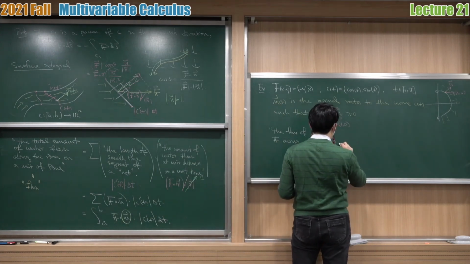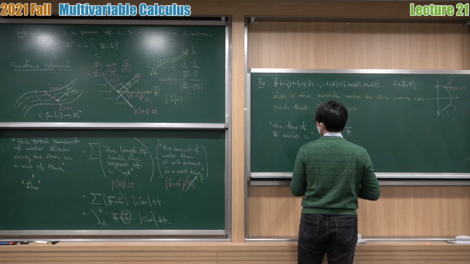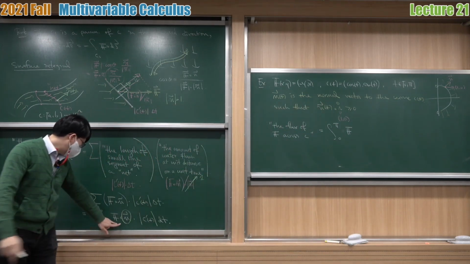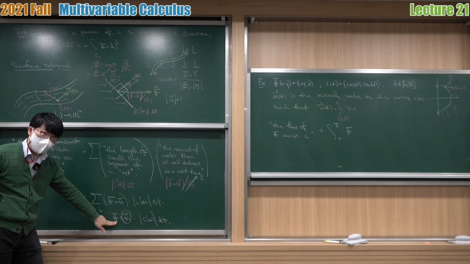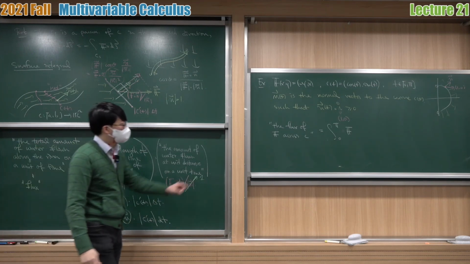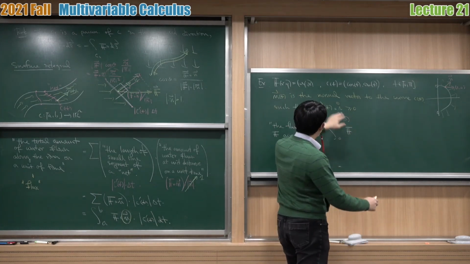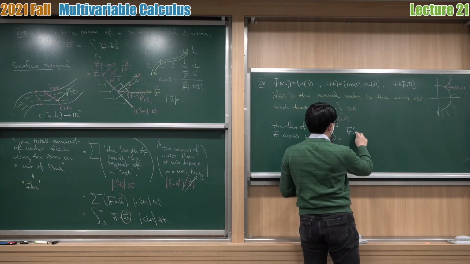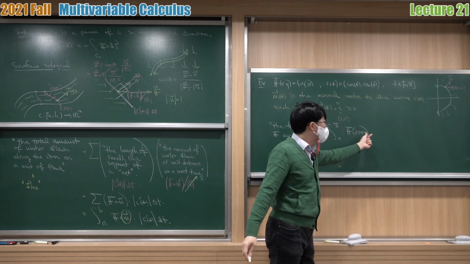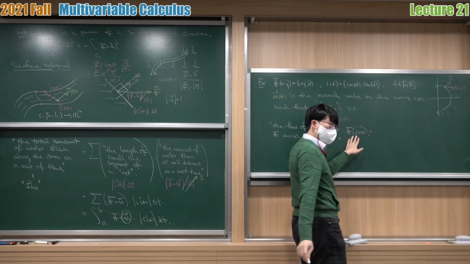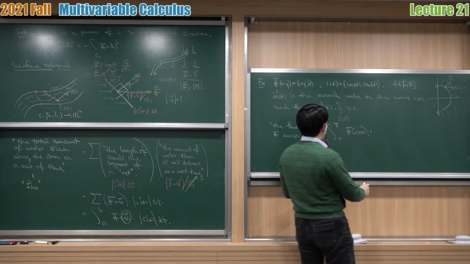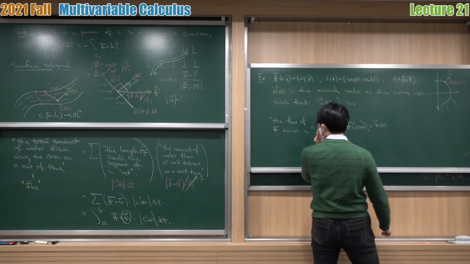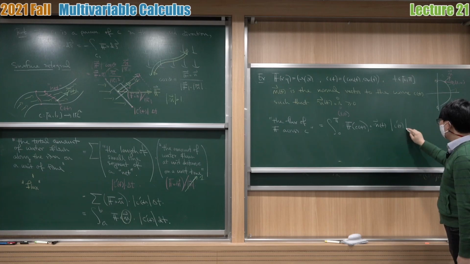We parameterize t from 0 to pi, and what we are doing is taking an inner product between F and N. When I take the inner product of F and N, I'm taking the vector field at the point C(t), so not just F(x,y), I'm plugging in x,y for the point C(t). I take the vector field at the point C(t), and then take an inner product with N. Before I find N, I just write it N(t) for now, times C'(t) dt.